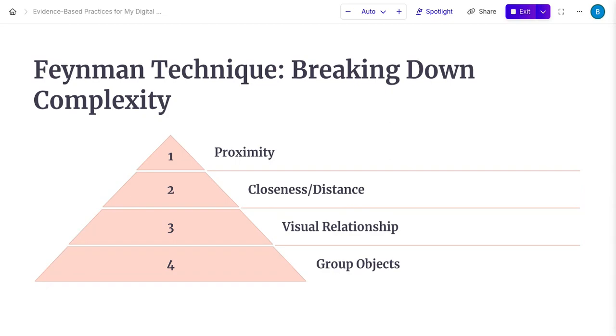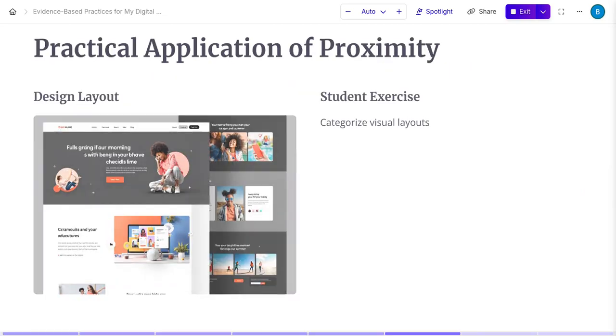And then in that lesson, I also use a practice where students group objects based on how close or how far they can decide how to group the objects, and then use the distance to indicate the relationship of these objects. So simplifying terms is a technique I use a lot.